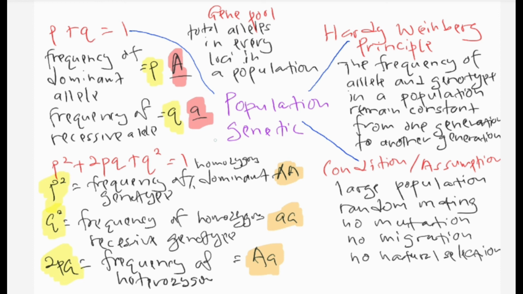The first one is p + q = 1: p is the frequency of dominant allele, q is the frequency of recessive allele. The second equation is p² + 2pq + q² = 1, which refers to the frequency of genotype. P² is the frequency of homozygous dominant genotype, q² is the frequency of homozygous recessive genotype, and 2pq is the frequency of heterozygous. And the last one is gene pool. Gene pool is the total allele in every loci in a population.